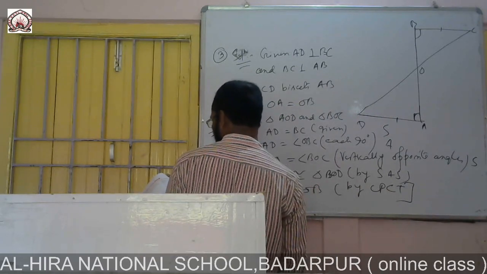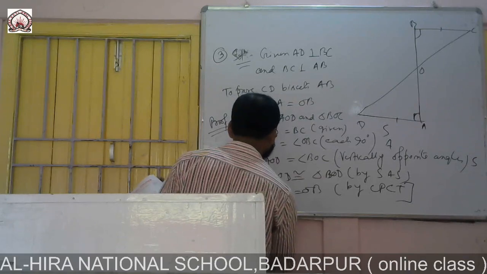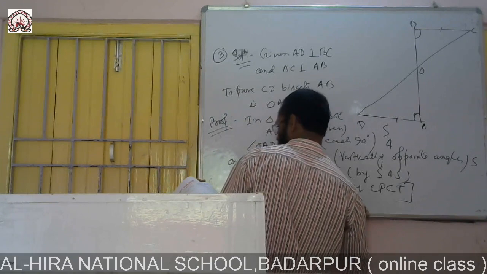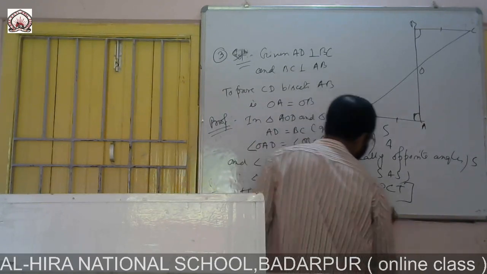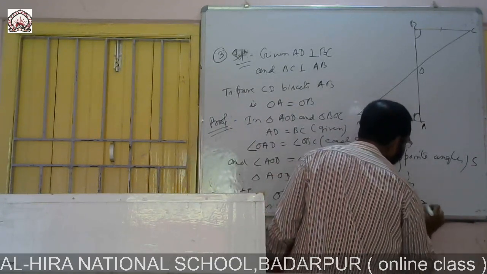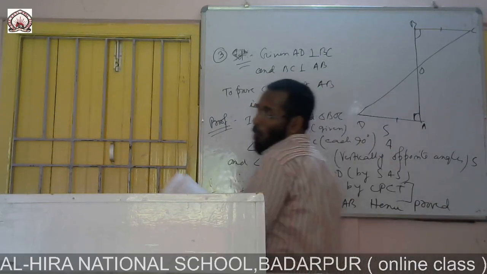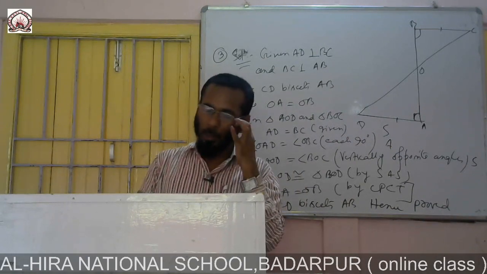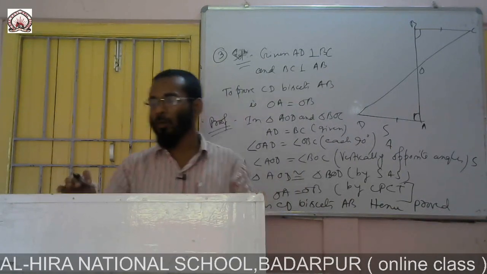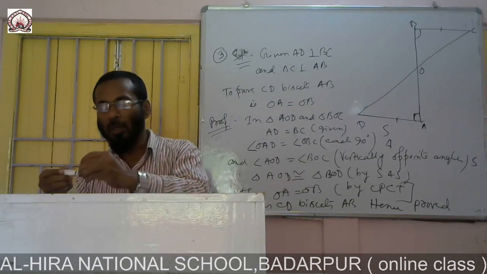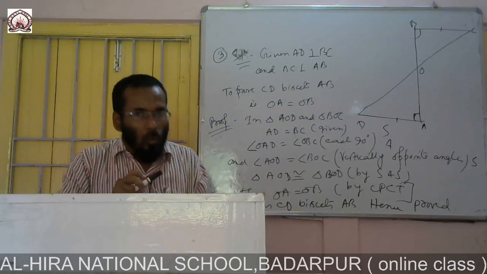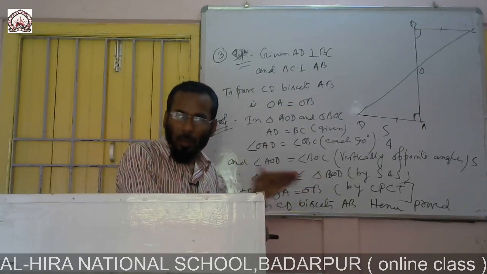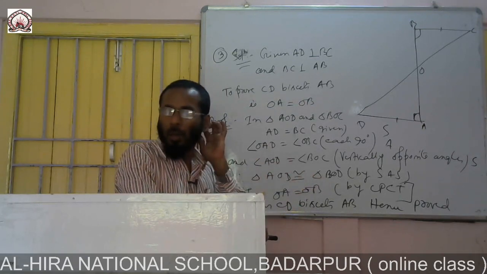Thus CD bisects AB. Hence proved. So whatever is given in the question, you first write, draw the diagram, and if any construction is needed, you construct, and after that you mind map the concept of this chapter and proceed. Then you will solve easily.